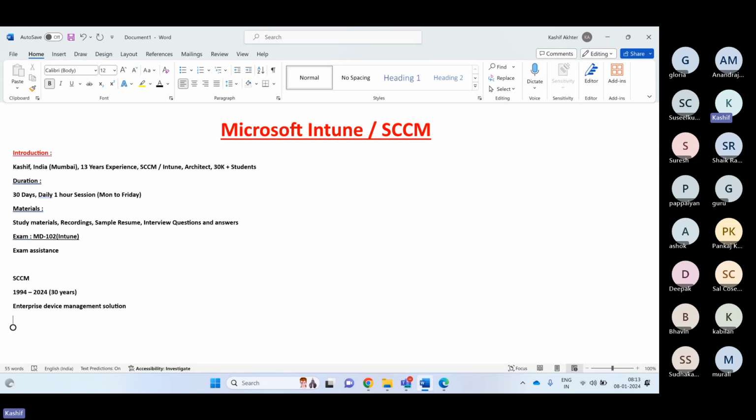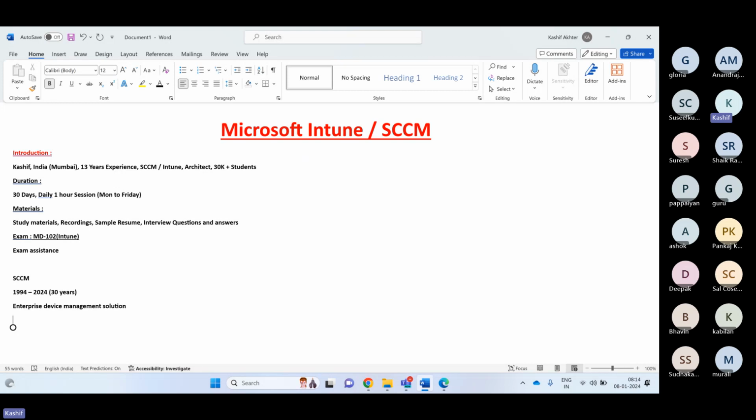Now, SCCM was in demand before COVID-19, because before COVID-19 people were working from the office itself. When COVID-19 came, people started working from home.